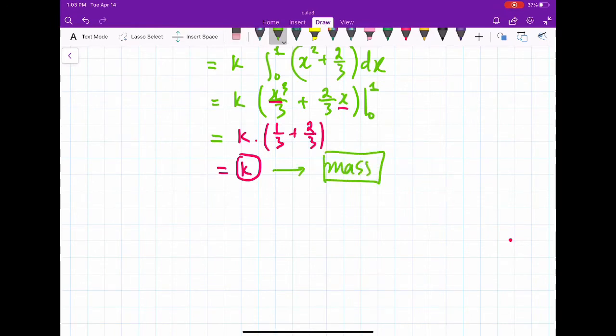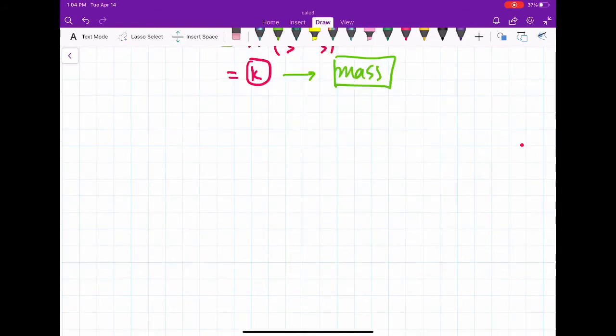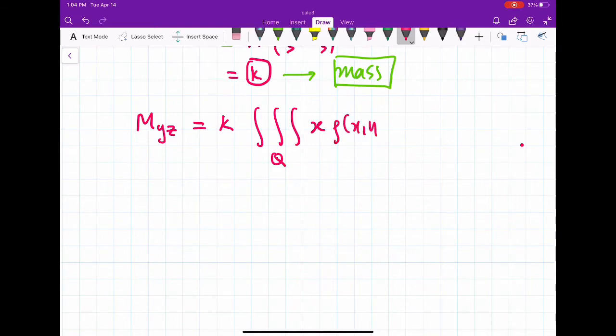Now we have to find the first moments about the xy plane, yz plane, and xz plane. Let's find the moment with respect to the yz plane. So that is k triple integral over Q of x rho, x, y, and z dV.